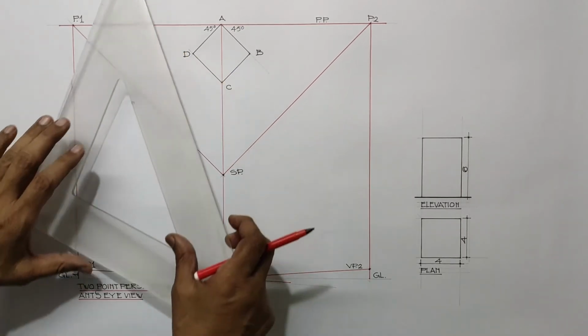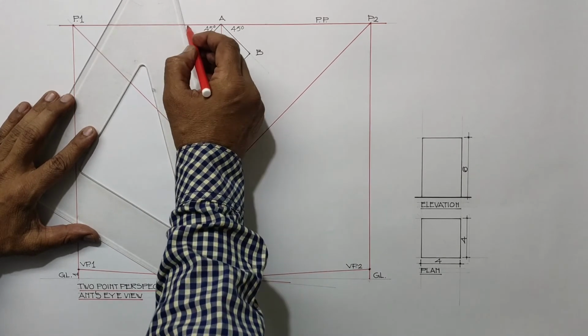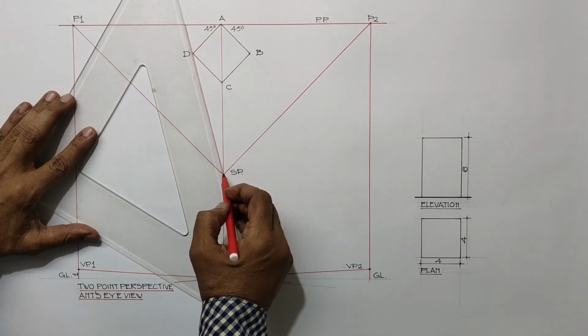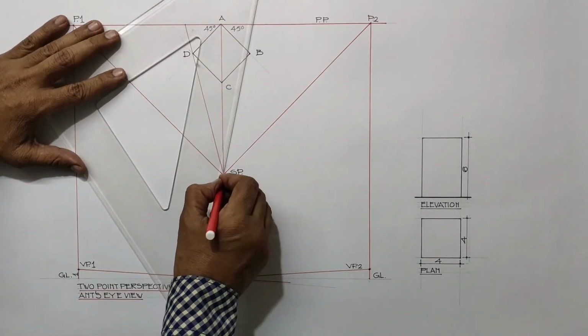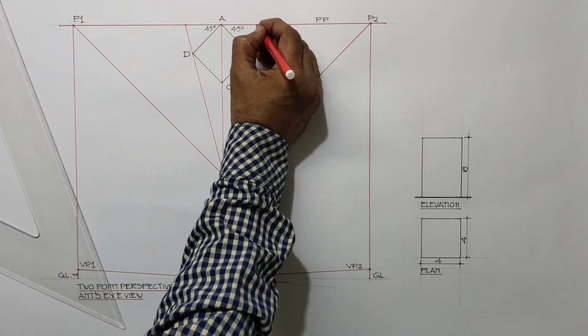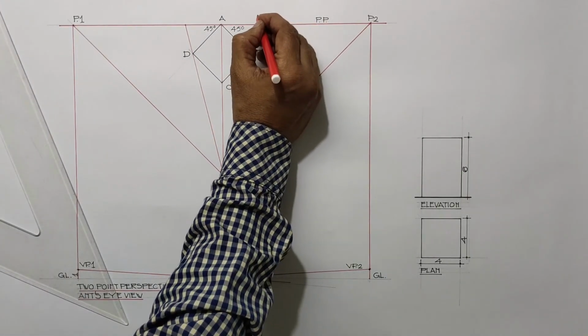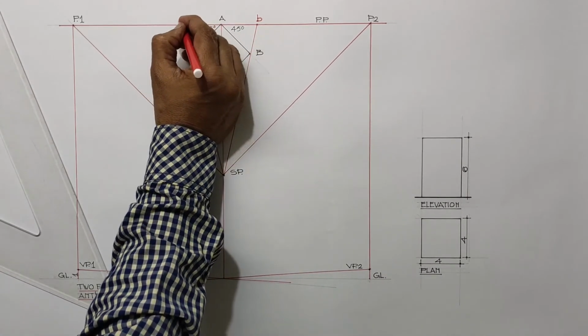To find D, from SP draw a line through D. It should touch the picture plane. Repeat the same thing on the other side, that is, draw a line through B onto PP. It is touching there. So we got 2 points. This is the small b and this will be small d.